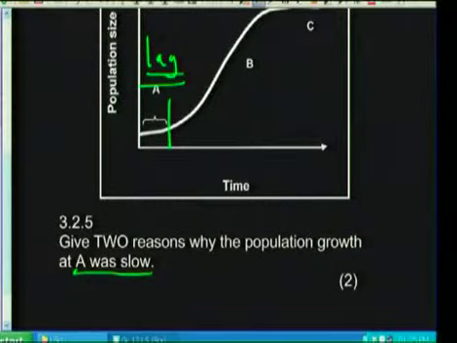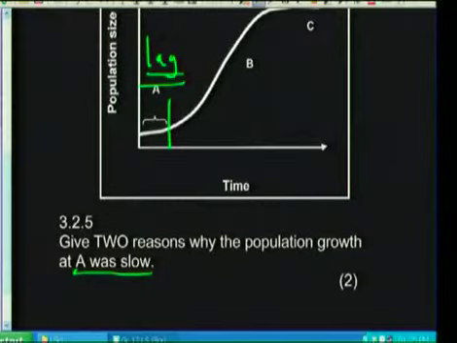The individuals establish themselves in that area, they establish their habitat, they get familiar with the environment. Also, the individuals are younger, not many have reached the reproductive age, and hence their reproductive rate is much lower. They're becoming sexually mature, and after a period of time, they mature, and that is when there are more reproductive partners available, and that is when you would see the next phase of accelerated growth.